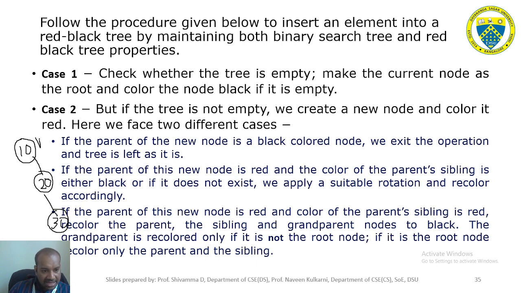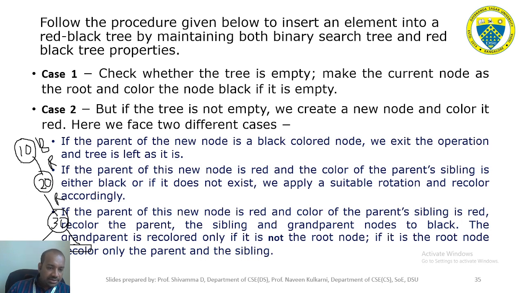This is a black node, this is red, and this is also a red node. Now you see the 30 is the leaf node. The leaf node will have two things, the left and right. The left is null, I put it as a box. The right is also null.